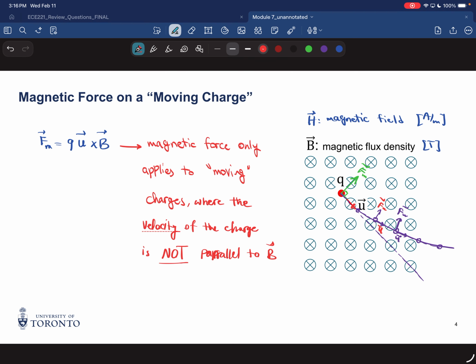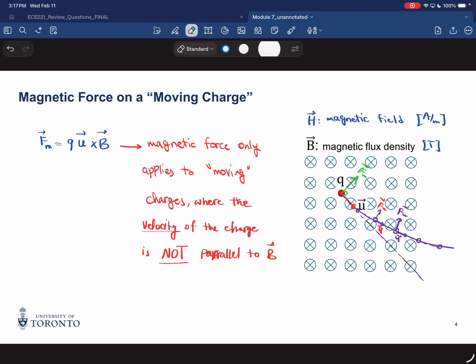No. Your thumb is where Fm is. The palm of your hand points towards the magnetic field, your thumb points towards the magnetic force, and your fingers will be the velocity. Oh, okay. Yeah, that's a better way. Yeah, your palm should be going this way. That's U and then Fm. Maybe that way is easier. Thank you.